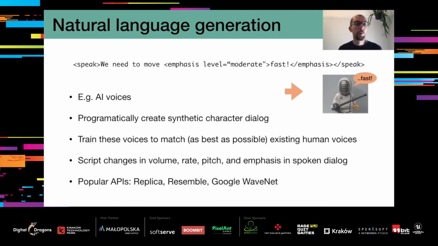And it's possible to script changes in volume, rate, pitch, and emphasis in the spoken dialogue in the audio that we generate with the computer. And again, there are APIs out there to do this, things like Replica, Resemble, Google again.